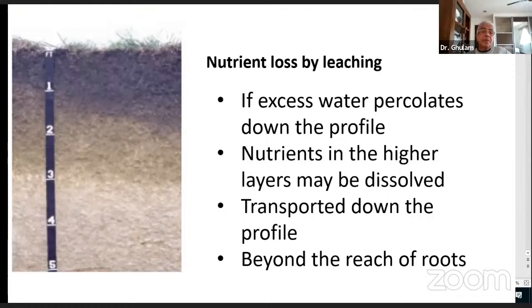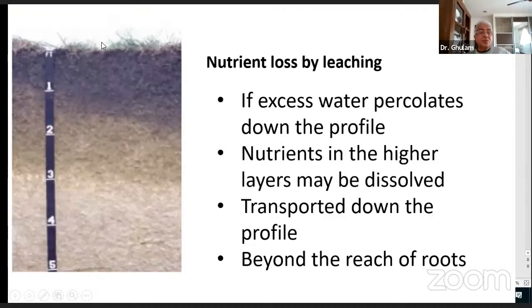Another process that is not very easy to see because it happens underground is leaching. This happens when there's excess water and the soil is of good structure, so the water infiltrates the soil profile.